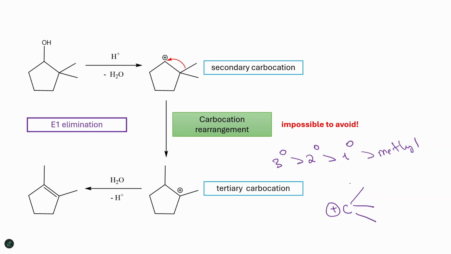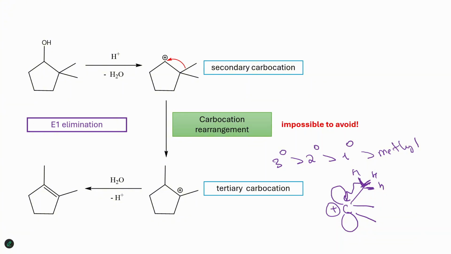And this is the effect we call hyperconjugation. So the bonds that are neighboring this positive charge have some electron density and they are donating this electron density through hyperconjugation. Because this carbon plus has an empty p orbital, it's electron deficient. So it wants to get more electron density to itself so that it can be stabilized better.